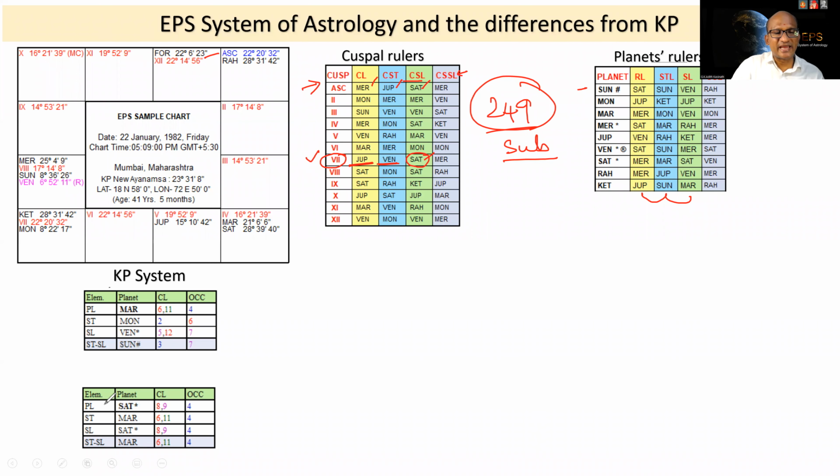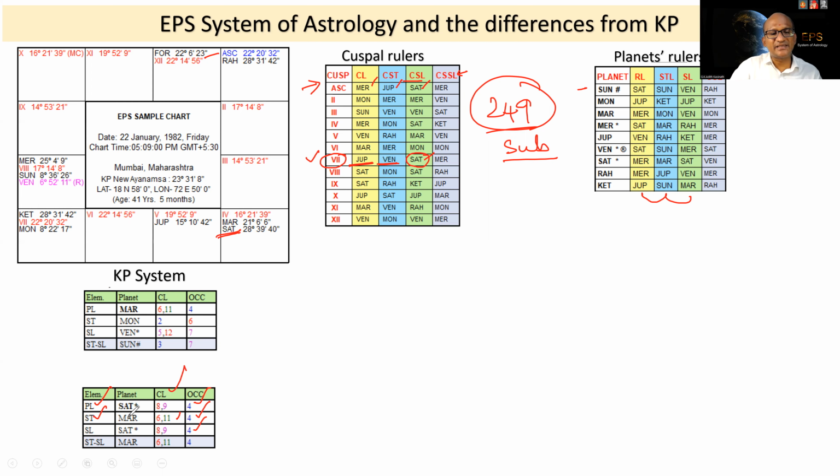What we do is see where Saturn is posted. Saturn is in the nakshatra of Mars. Saturn is the 8th lord and 9th lord, the cuspal lordship we take, and occupies the 4th house. Saturn is in the nakshatra of Mars, and that Mars also occupies the 4th house, and Mars is 6th lord and 11th lord.